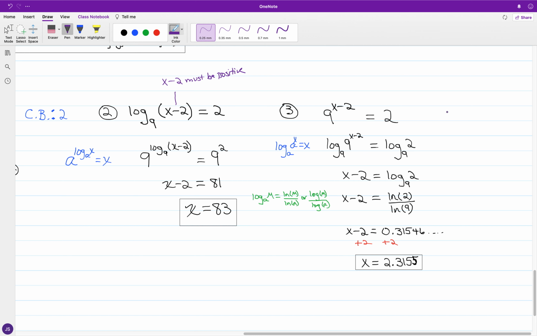What I mean is, if I have 9 to the 2.3155 minus 2 is equal to 2.